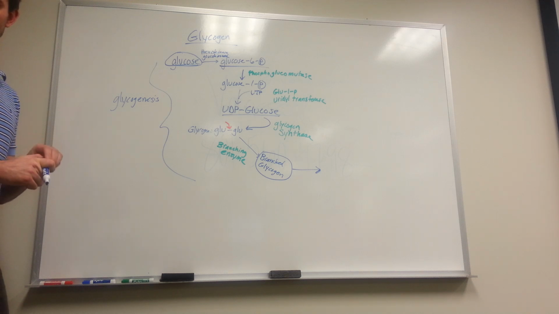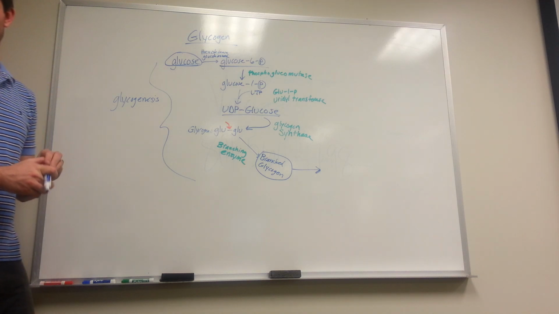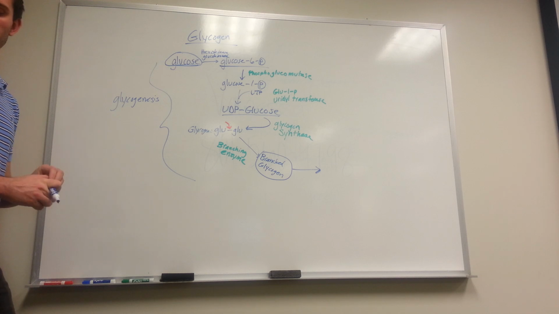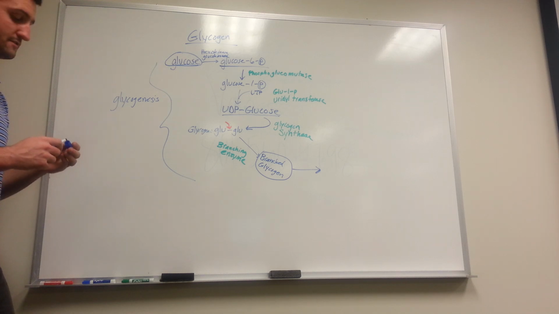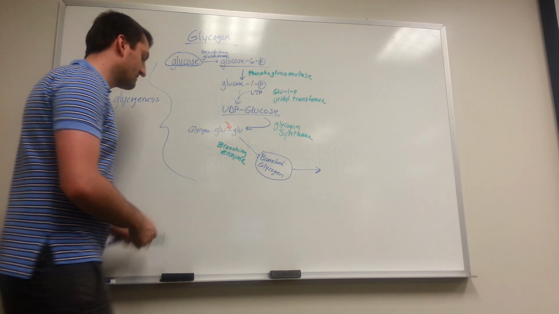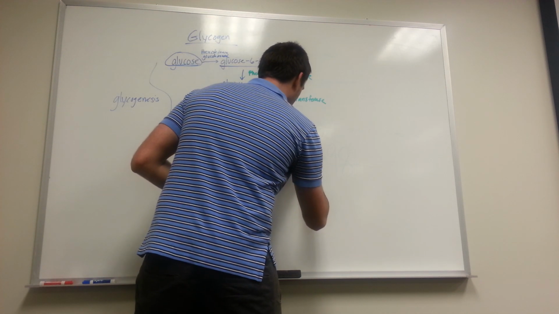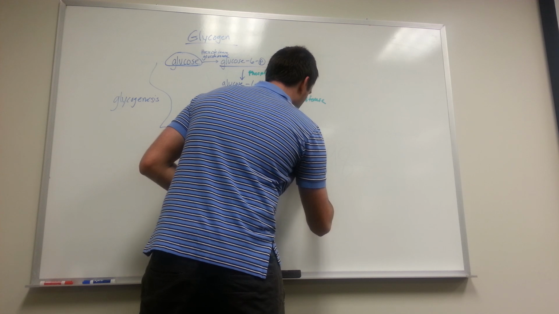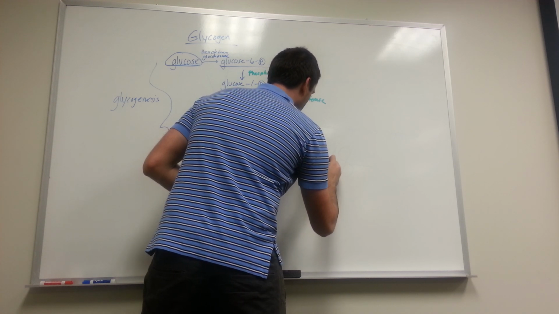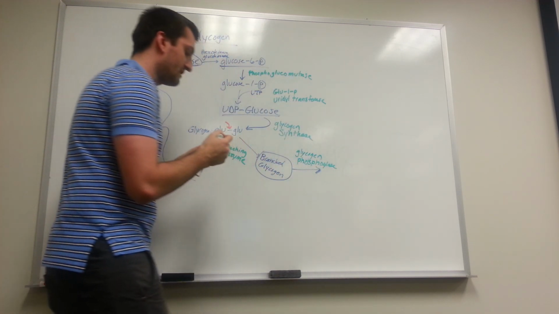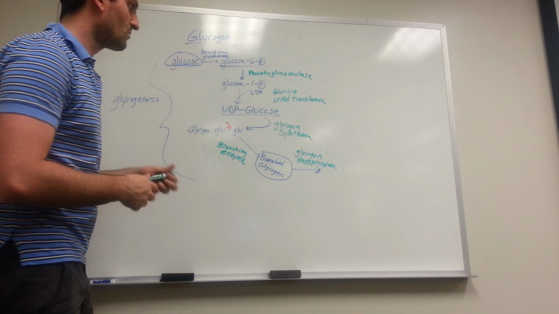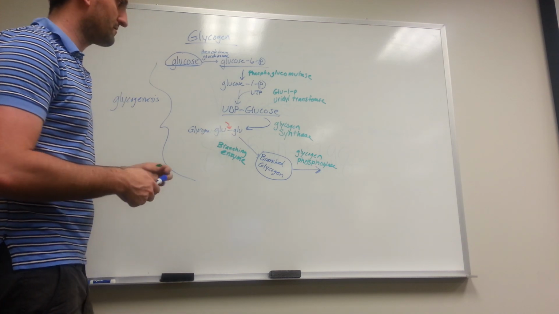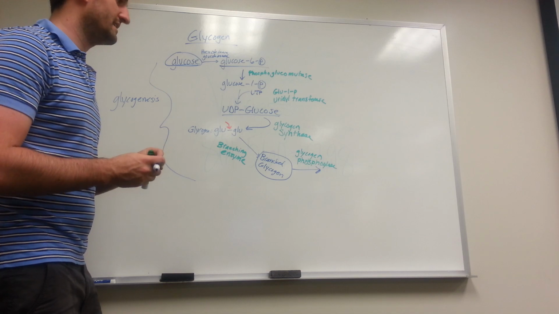Well, we have this glycogen with a whole bunch of bonds. And we're going to use glycogen phosphorylase enzyme to break this down. Okay, glycogen phosphorylase. We're going to be a little cramped for room, but I'll try and keep it as clean as possible.